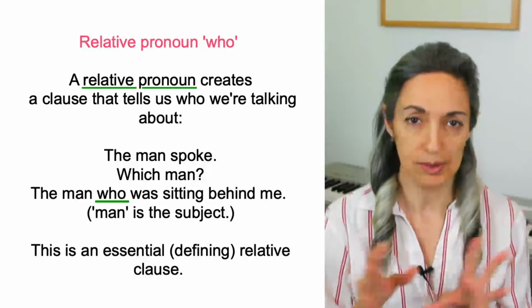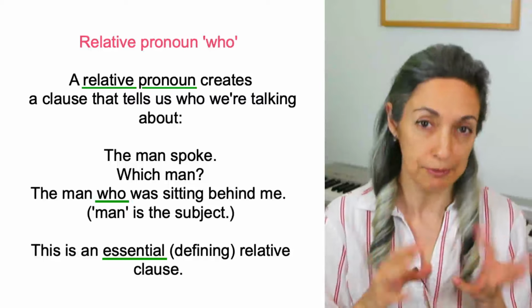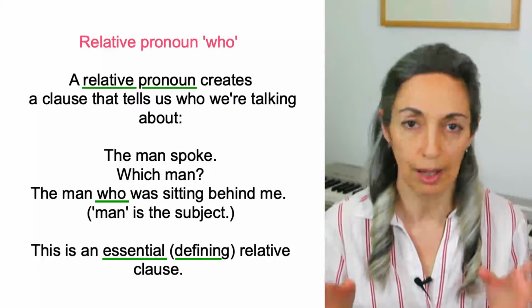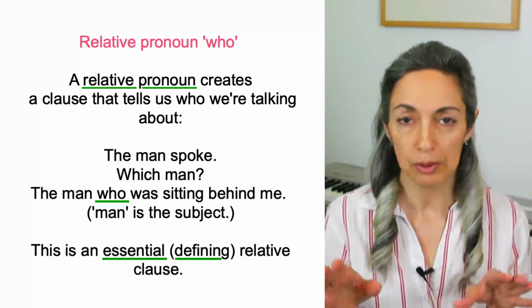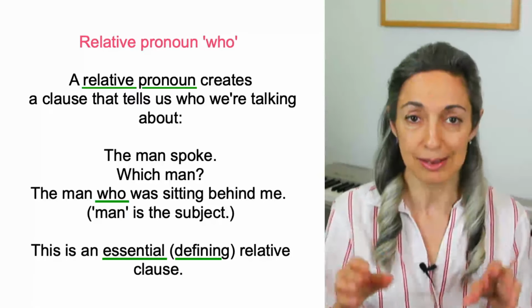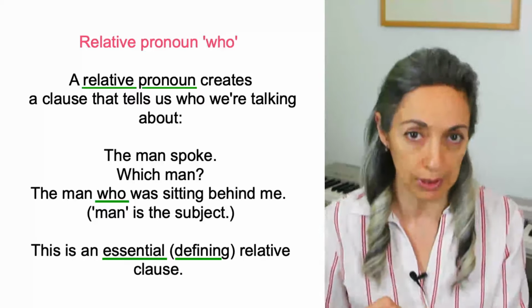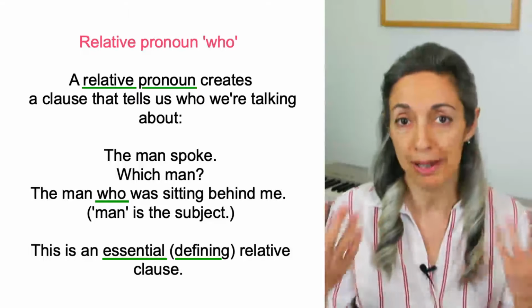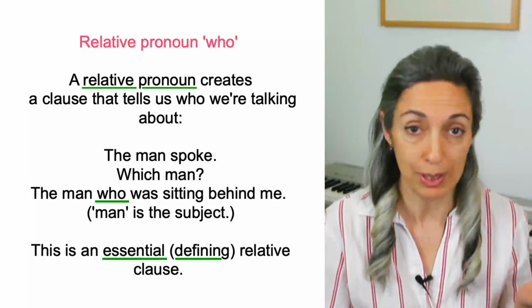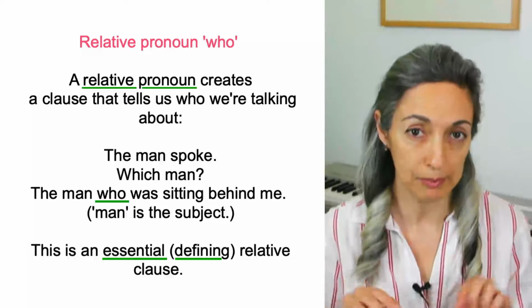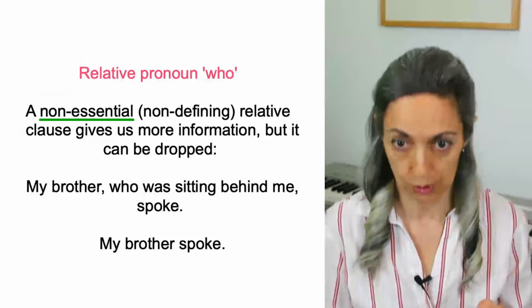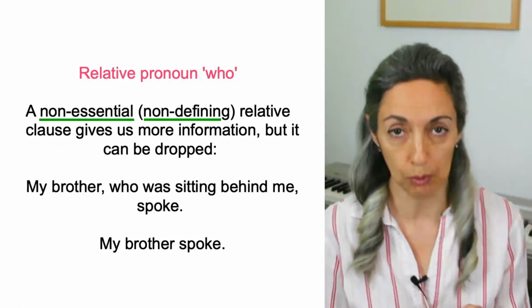Now, this clause is called an essential or defining relative clause. I know that sounds complicated, but all it means is that it's essential to understand this sentence. You can't remove it, because if you remove it, we come back to the which man question. But we also have something called a non-essential or non-defining relative clause.